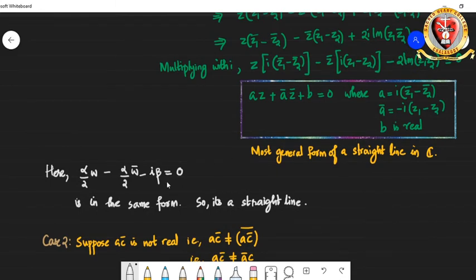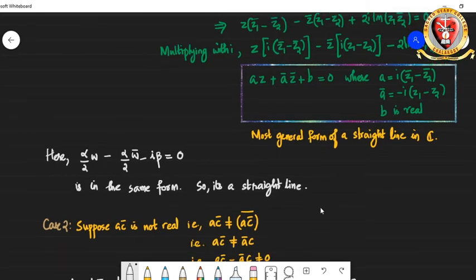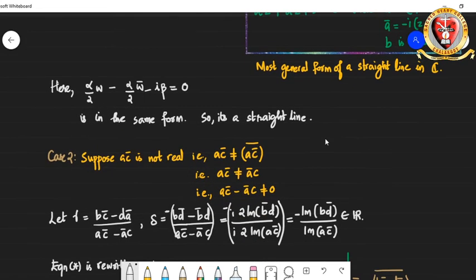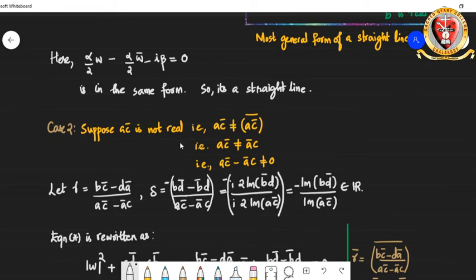Okay, so here we are getting it to be a straight line. Okay, and for case 2, we are assuming that this AC bar is not real. Earlier we said AC bar is real. So as it is not real, in the equation star, the first coefficient, AC bar minus A bar C, is not equal to 0. Earlier we had that equal to 0.